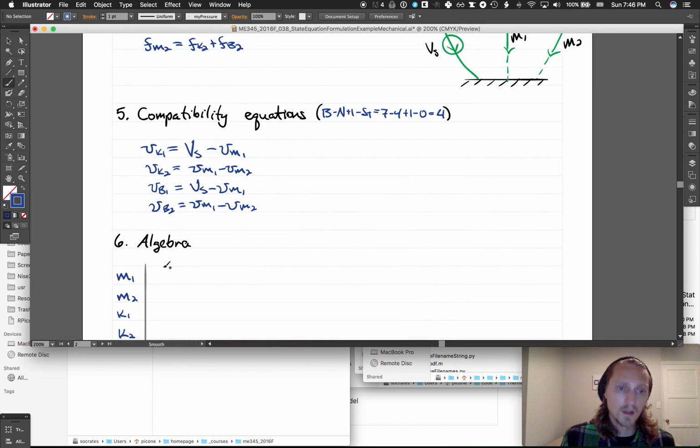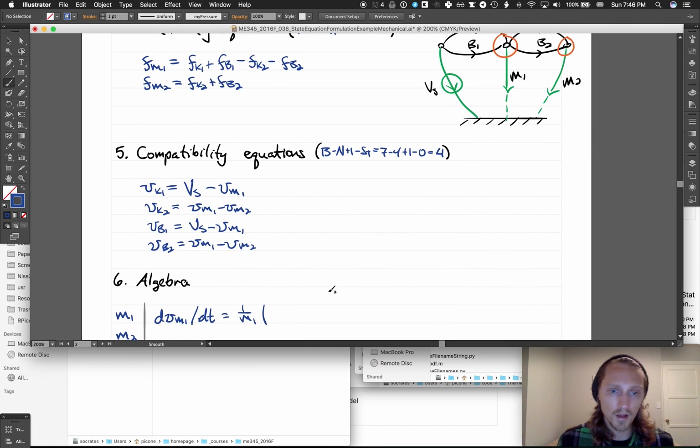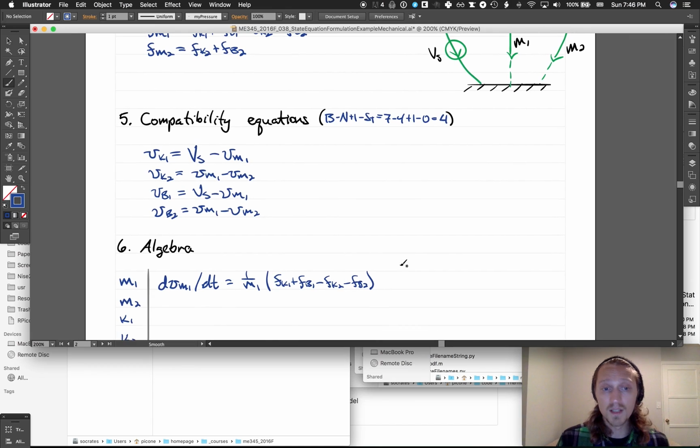So we can say dVm1 dt is equal to 1 over m1 times, and then it's this long expression, right? fk1 plus fb1 minus fk2 minus fb2. Okay, so we're going to leave this alone now. We might be tempted to just keep plugging into this, but trust me, we want to continue with our process.